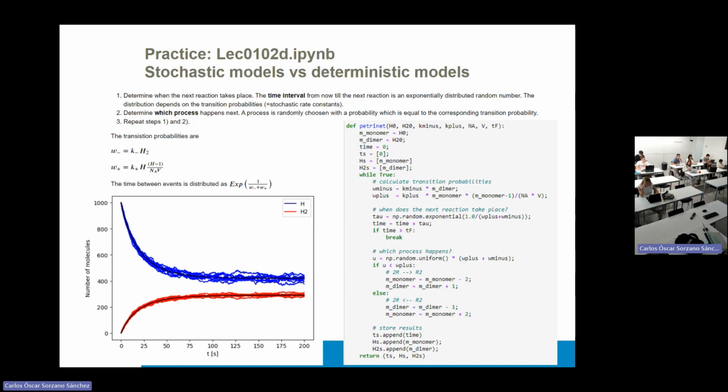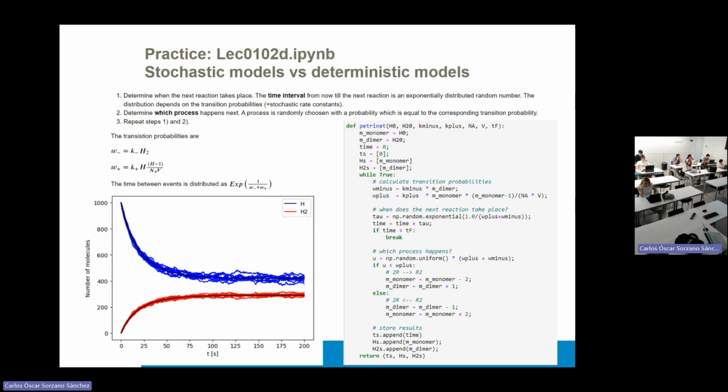I will take a random sample from an exponential distribution with this parameter, and just give me a random number. So these exponential distributions, they have this kind of shape, okay? So it's an exponential distribution.